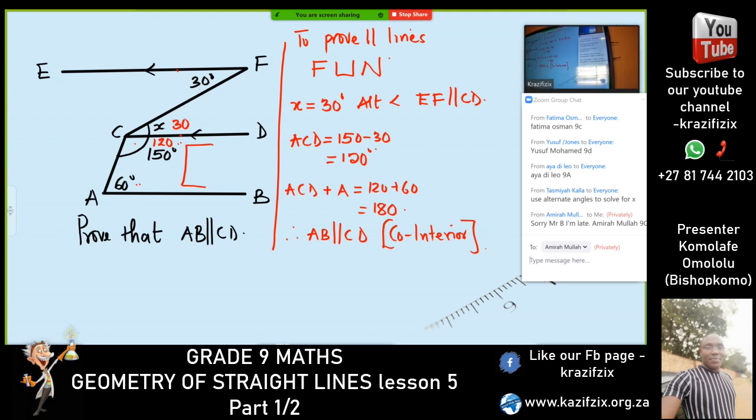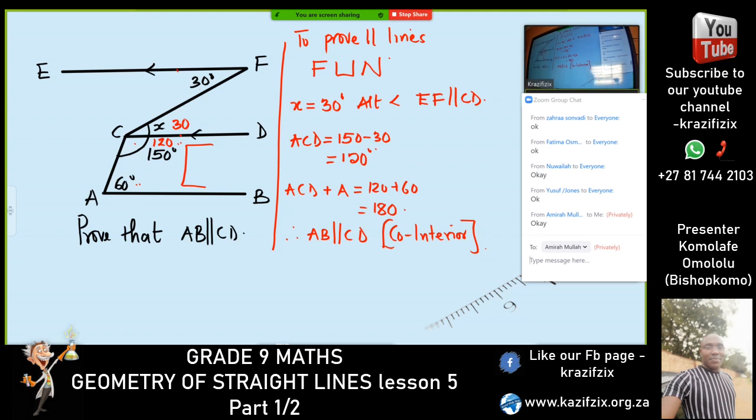Are we okay with the process so far? Okay, Tasmia says okay. Please, I need as many okays as possible, so that if you are not okay, we can work through again. We said if the sum of those angles gives us 180, then those lines are parallel. Okay, everybody seems to be on board with what we did. That is beautiful.